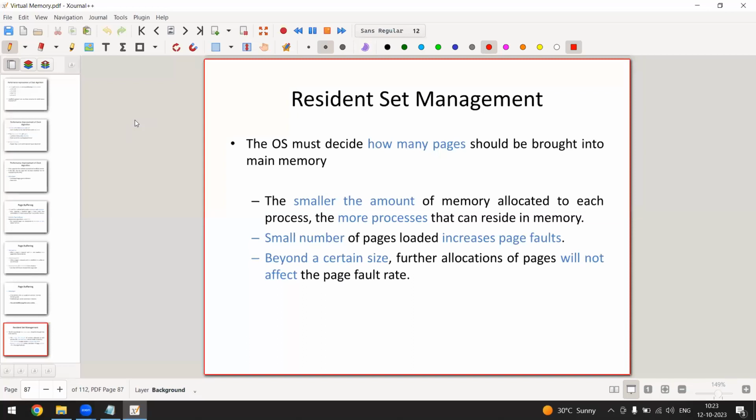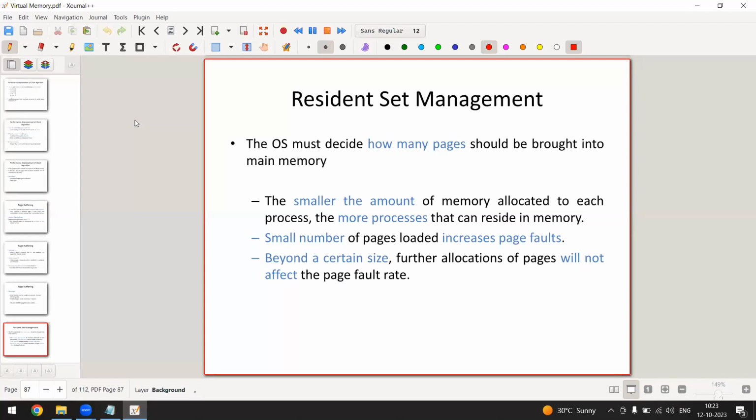If a smaller amount of memory is allocated to each process, the benefit is that more processes can reside in the memory, right? Because if the amount of memory given to each process is smaller, more processes can come.